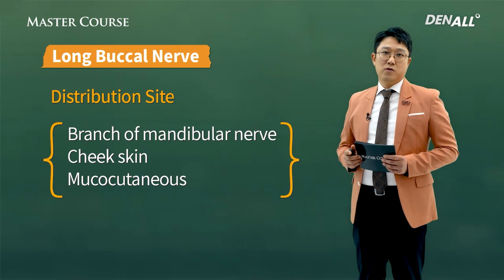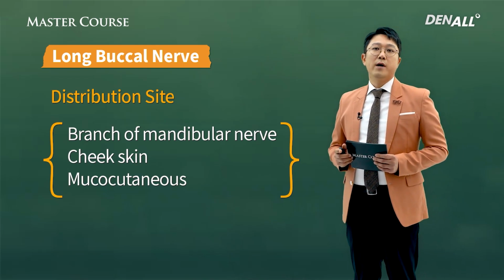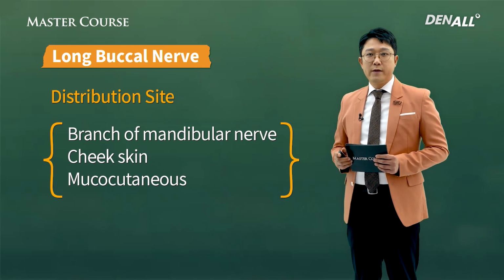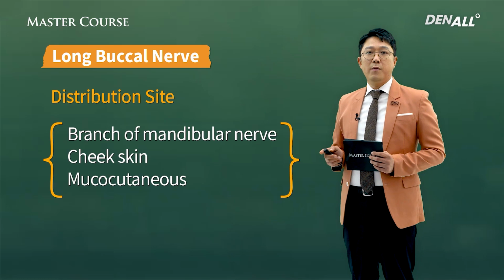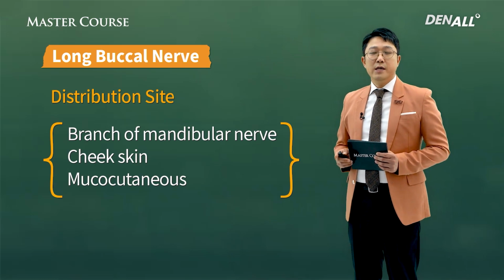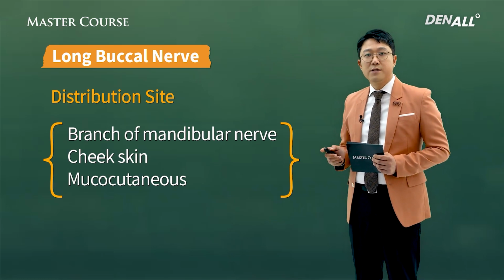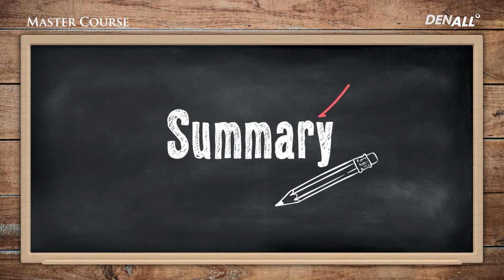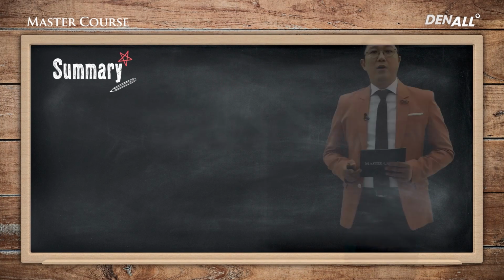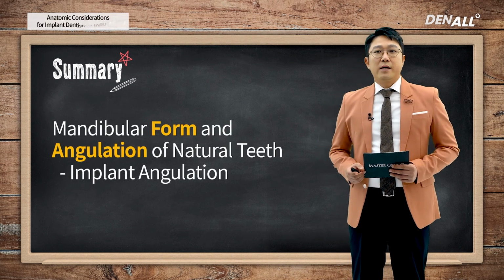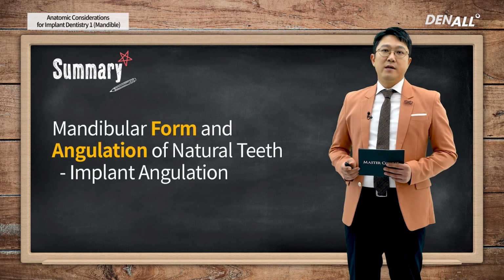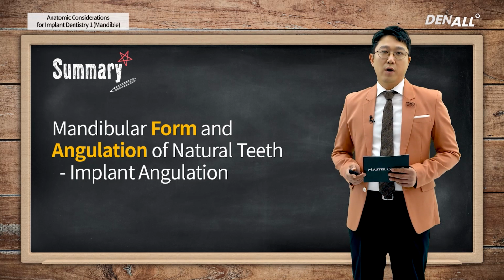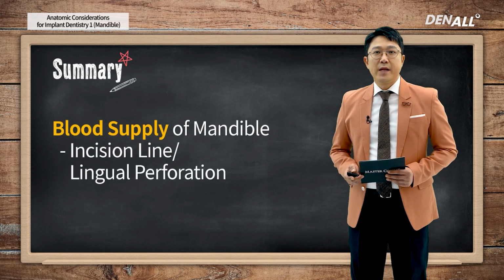Up to now, we have talked about the anatomy of mandible in relation to implant placement. I talked about the three main things. Let me briefly summarize what I have presented. First, mandibular form. Implant should be placed in the angulation similar to natural tooth angulation.